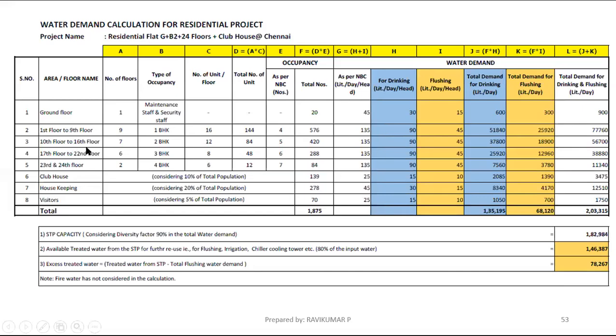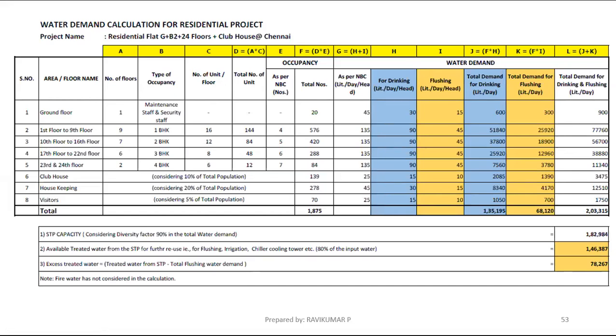Likewise, I have calculated. If you go from the 10th to the 16th floor, that means 7 floors are there. For the 10th floor to 16th floor, only 2 BHK is there, not single BHK. For the number of units, each floor has 12 units.